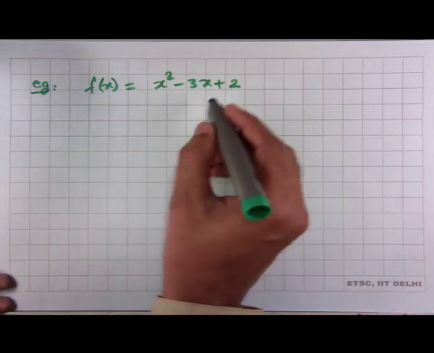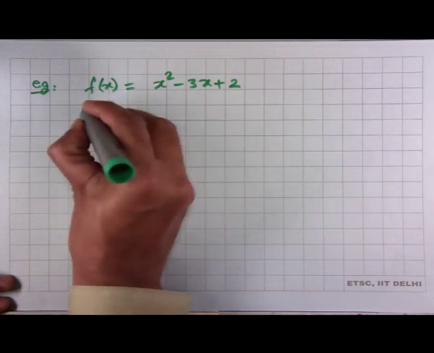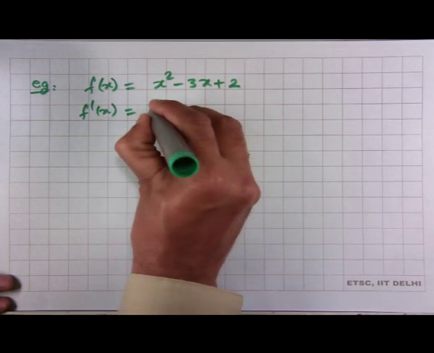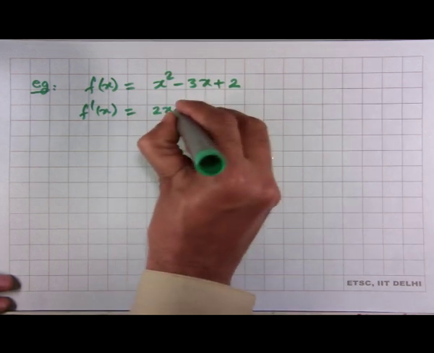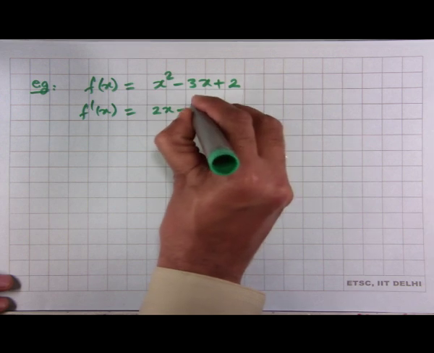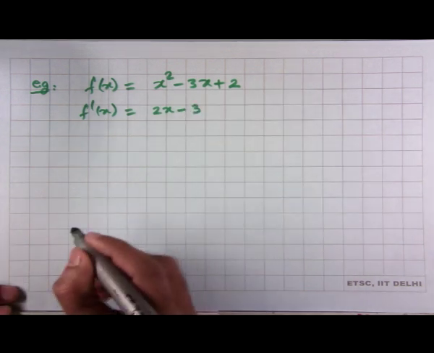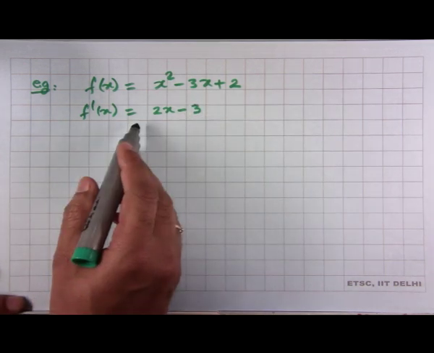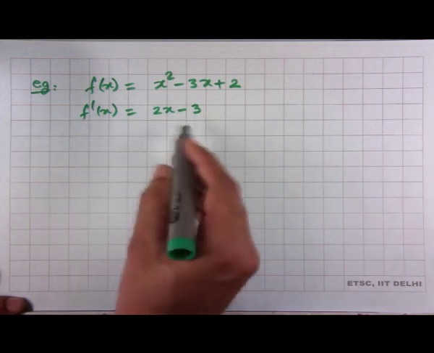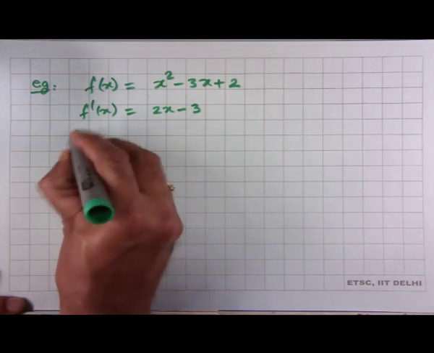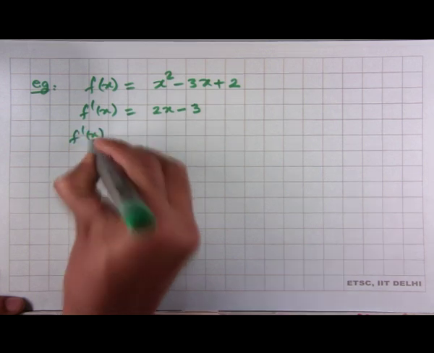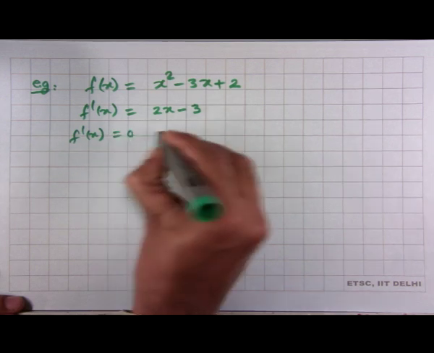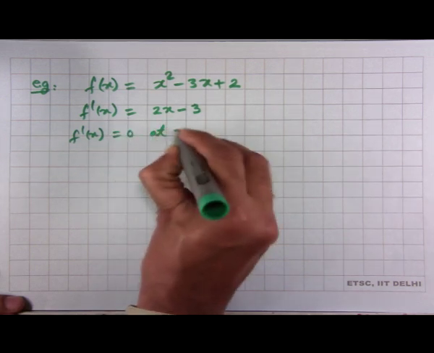So, for this function, if I find the derivative, f prime of x is equal to 2x minus 3. Now, we want to look at the sign of this f prime of x. You can see that 2x minus 3 is equal to 0 at x equal to 3 by 2.